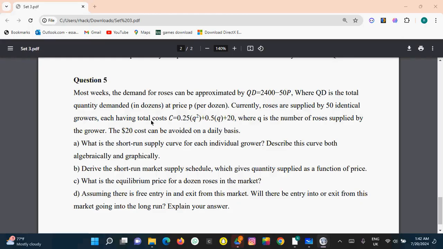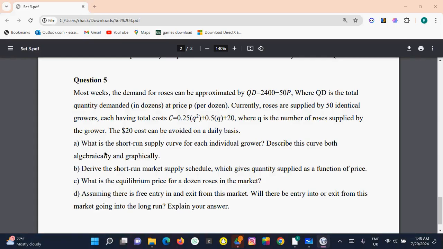And the $20 cost can be avoided on a daily basis, meaning the $20 is more or less like a fixed cost.